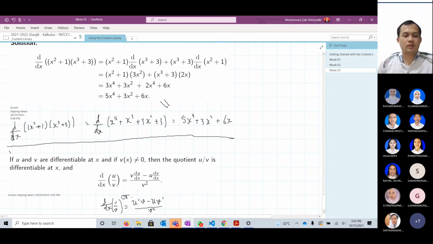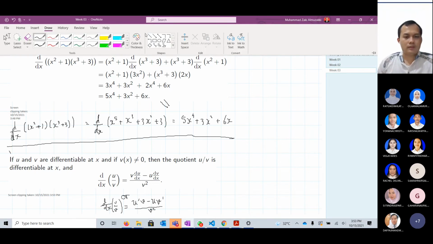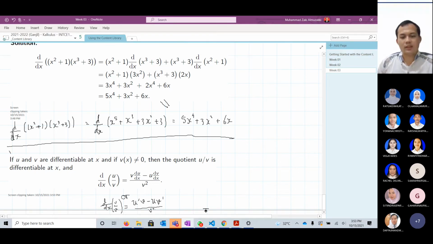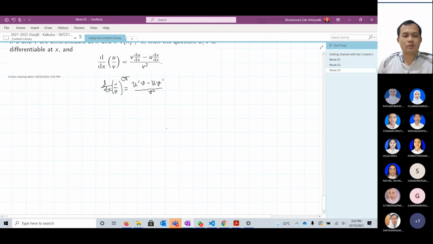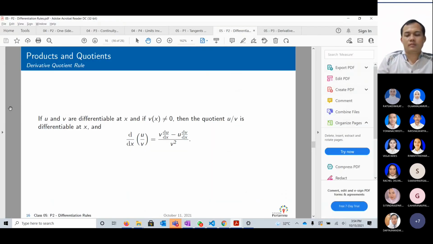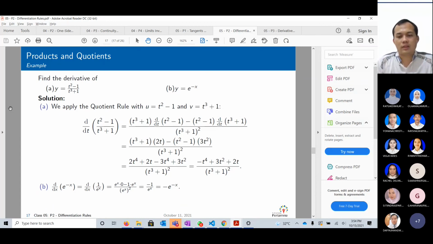I think you know this term better. Yeah, I know. So basically this is what you already learned in your high schools. It should be easy. Jadi turunan u per v adalah u aksen v min u v aksen dibagi v kuadrat ya. Okay. For this example, any question?